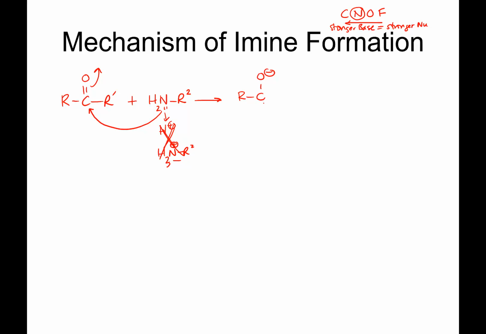So I'm going to end up with an O minus, along with the whole amine group adding. So I'm going to end up with what is, I guess in the older terms, called a zwitterion. A zwitterion is just one that has a positive and negative in the same molecule.